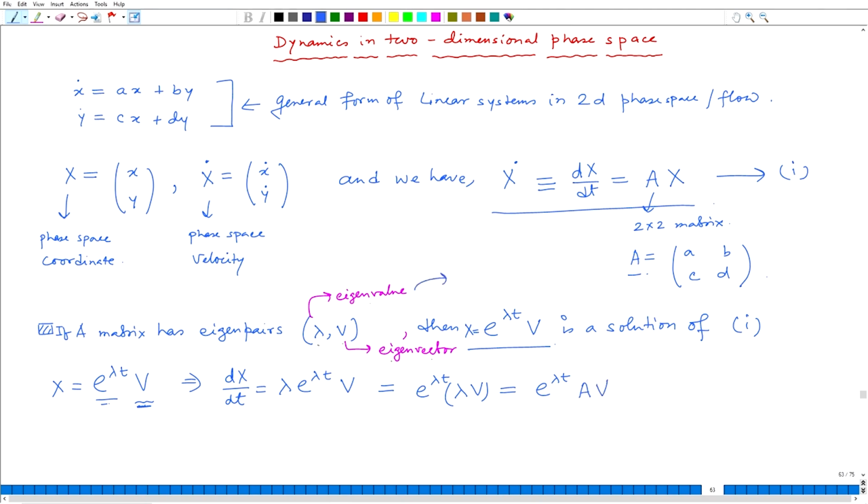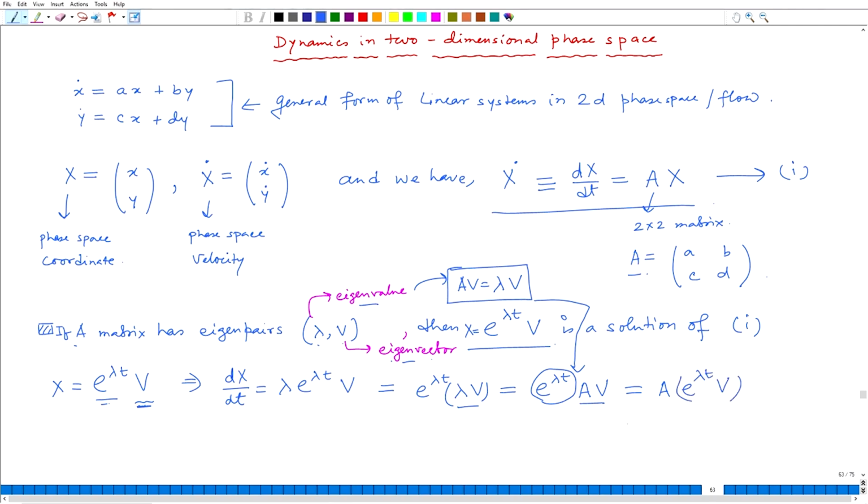That is the definition: if lambda and v are respectively the eigenvalue and the eigenvector of A, then A v is equal to lambda v. That I am actually using over here. This lambda v will now be replaced by A v. E to the power lambda t is a scalar, so it will simply be multiplied to the vector itself, e to the power lambda t times v.